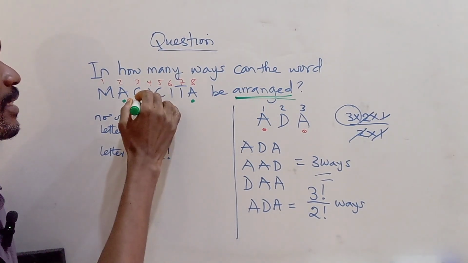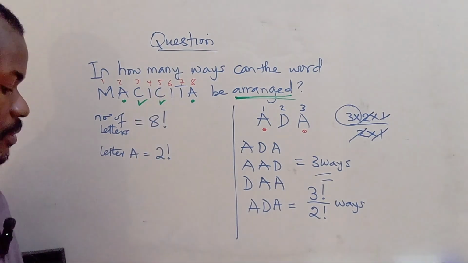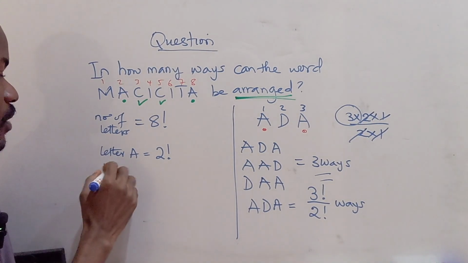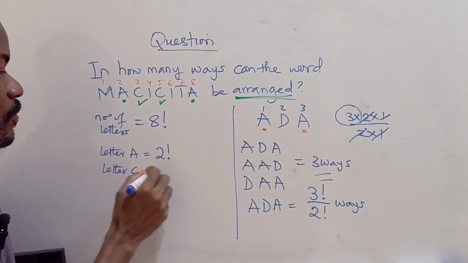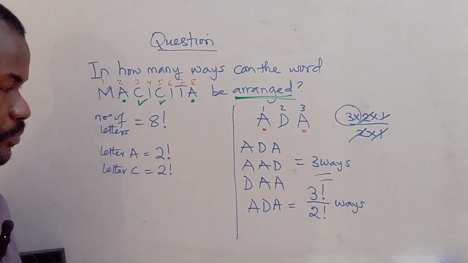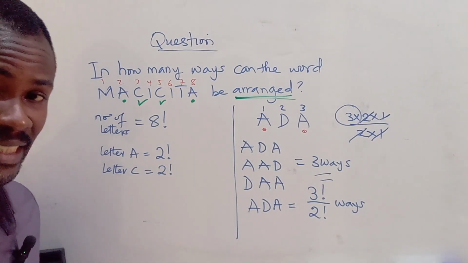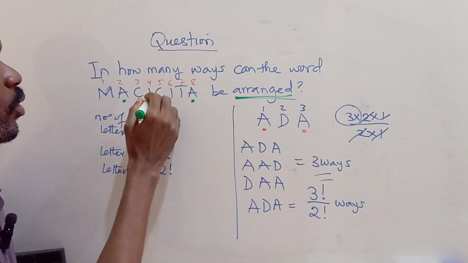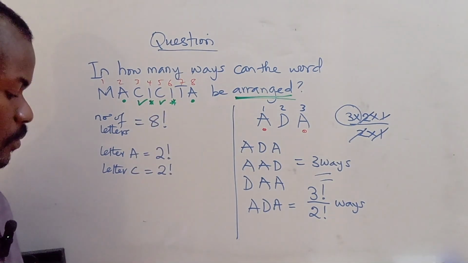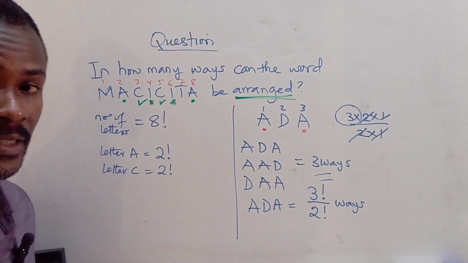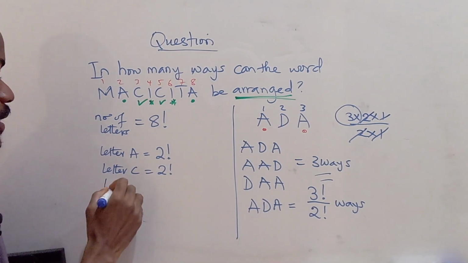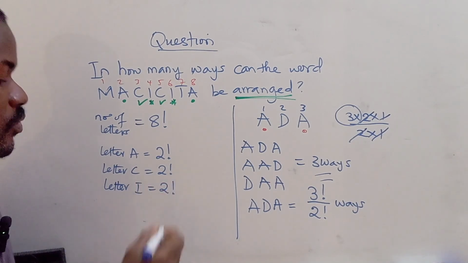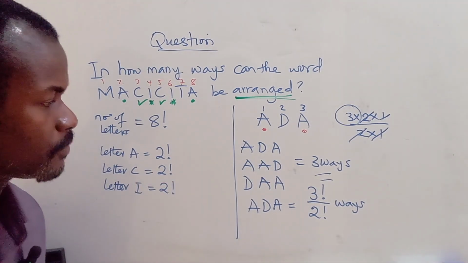I'm seeing that C repeats 2 times, so for letter C, 2 factorial. Is there any other letter that repeats? Yes. We have I repeating twice, so for letter I, we have 2 factorial because it repeated twice.